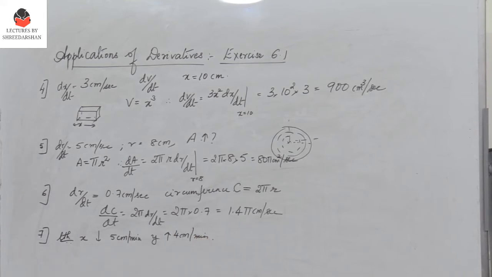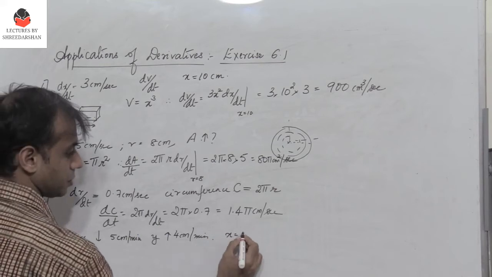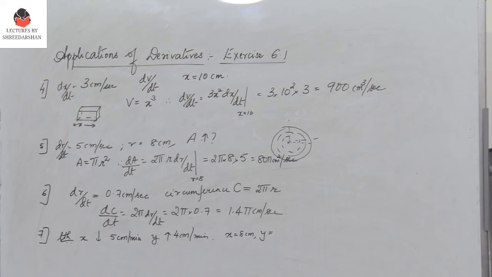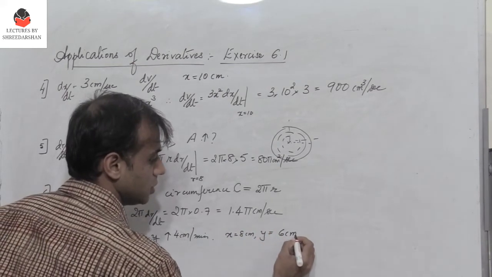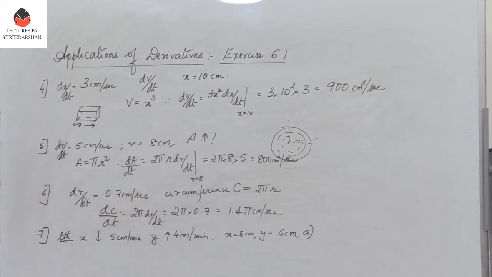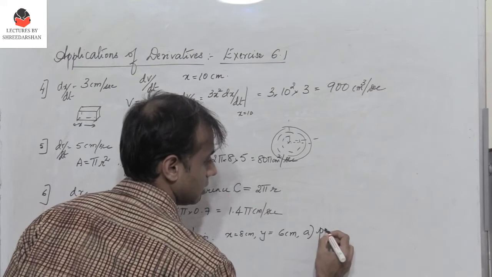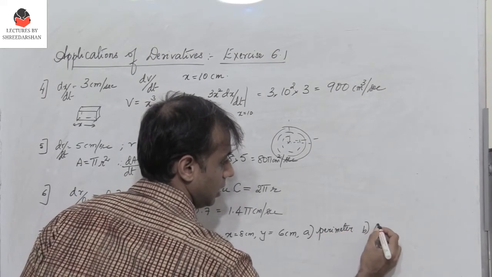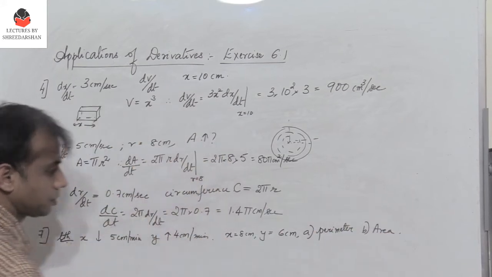Now if x equals 8 centimeter and y is 6 centimeter, find the rate of change of part A, the perimeter, and part B, the area of the rectangle.